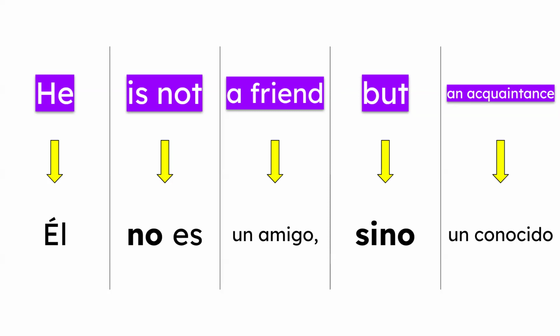That's right. Our relationship is not that deep, so he's not a friend, but an acquaintance. Él no es un amigo, sino un conocido. That's right. Okay, say this sentence aloud.